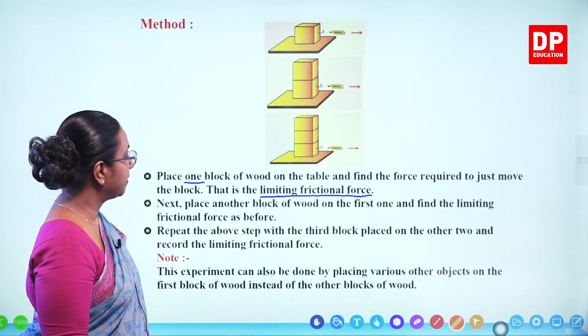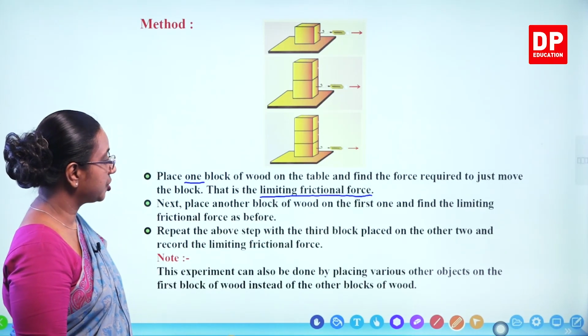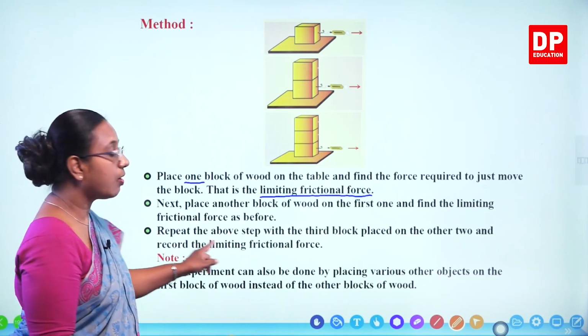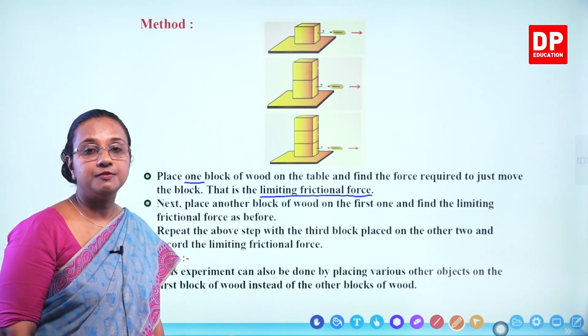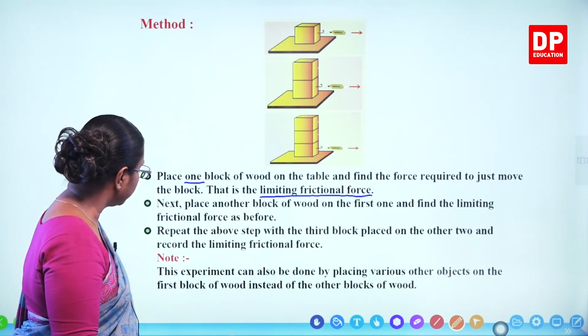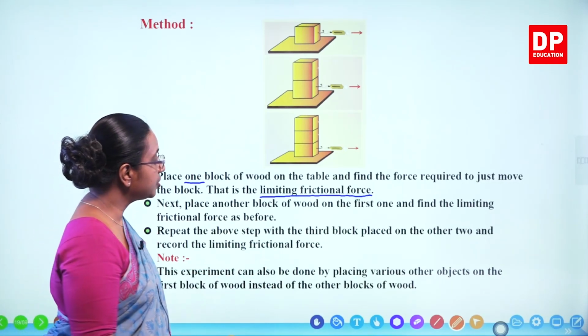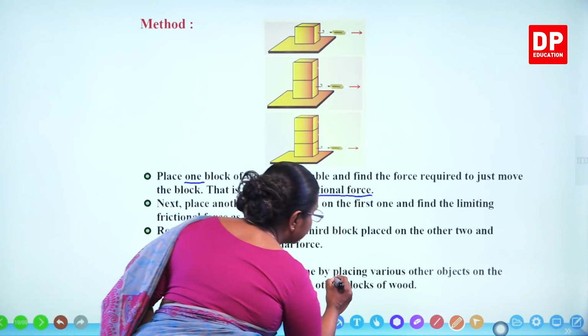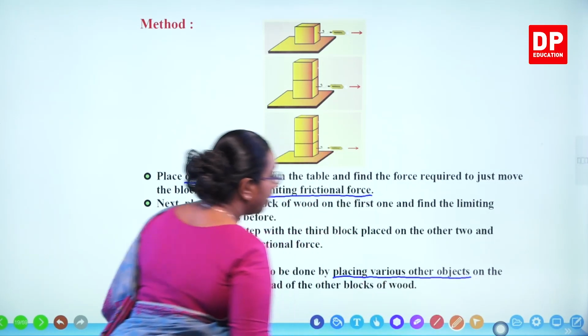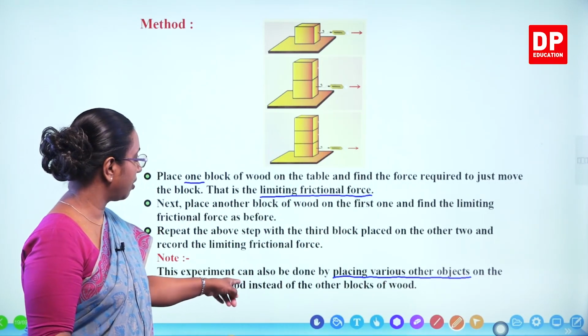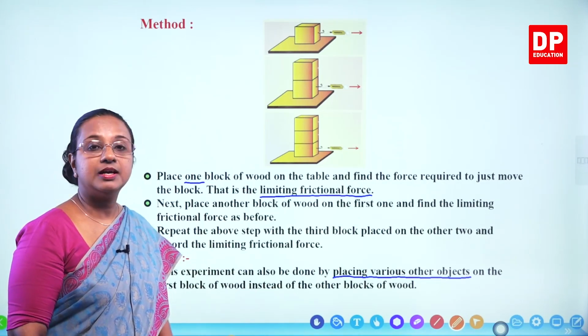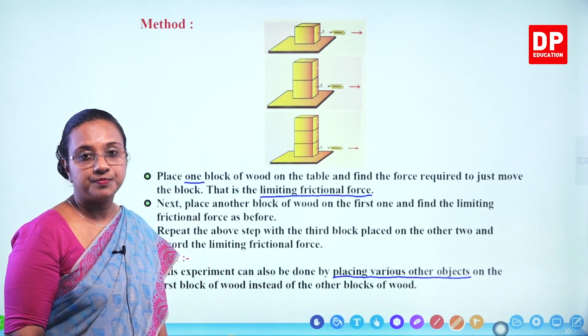Repeat the above step with the third block placed on the other 2 and record the limiting frictional force. And note, this experiment can also be done by placing various other objects on the first block of wood instead of the other blocks of wood.